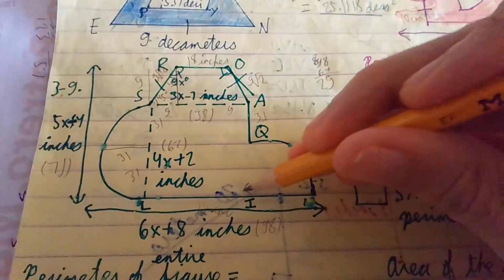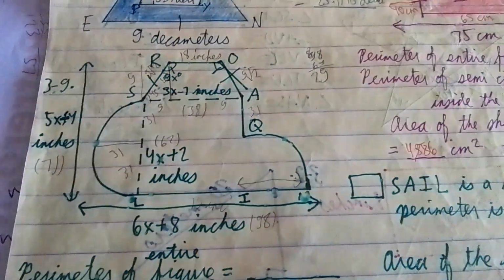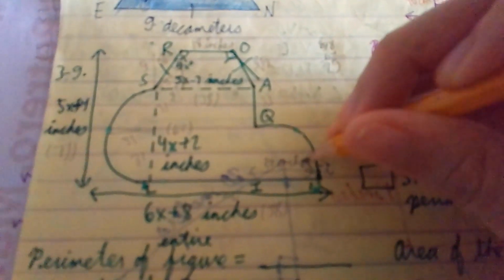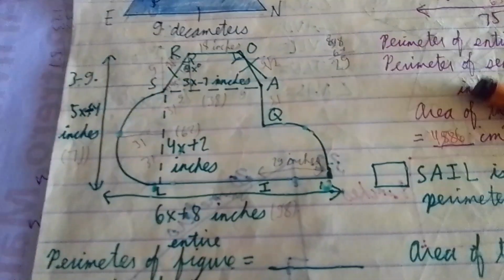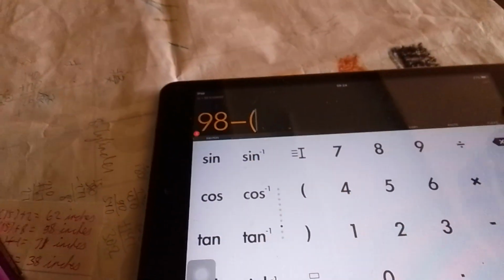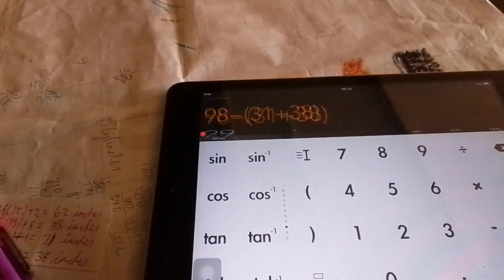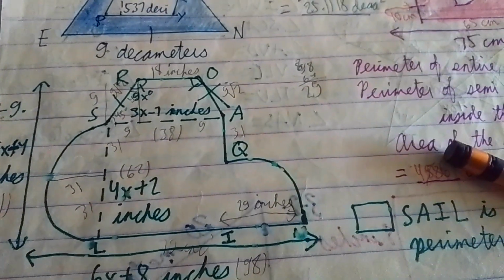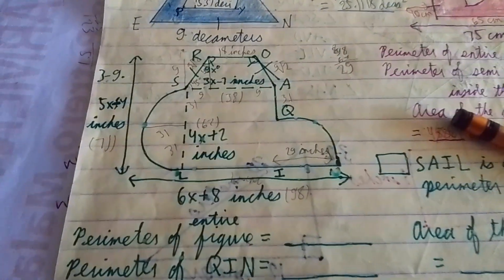So the part from here to here, the measure of IN, is 29 inches. Double check with the calculator: 98 minus the sum of 31 plus 38. Correct, 29. So that's the measure of the radius, alright?